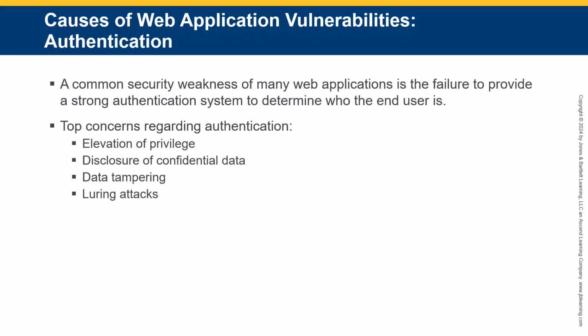Causes of web app vulnerabilities, specifically looking at the authentication. A lot of companies have web apps with failure to provide strong authentication for end users. The main target here is escalation of privileges, accidental disclosure of confidential information, like socials or tax data, data tampering. That's a big one.